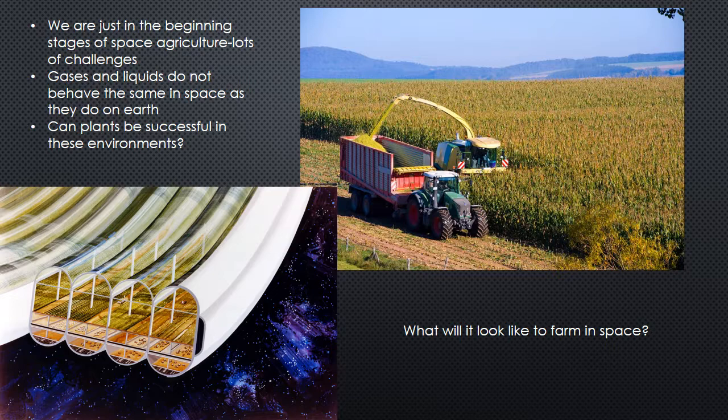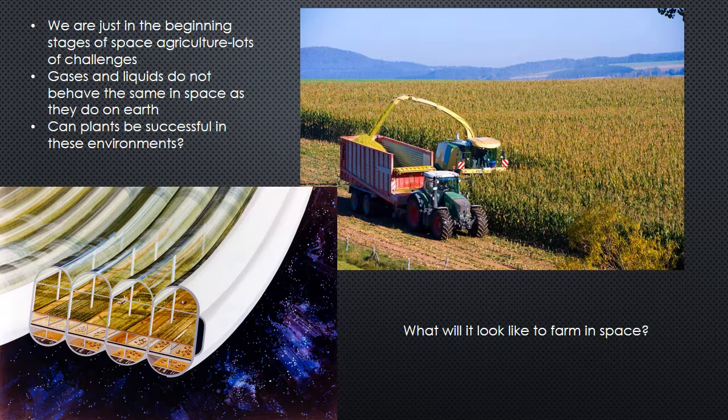So as far as plants in space, we are really just in the beginning stages of understanding space agriculture. When we first started really cultivating plants here on Earth, we've had a long time to have experience with that. Now we know what we're doing, right?